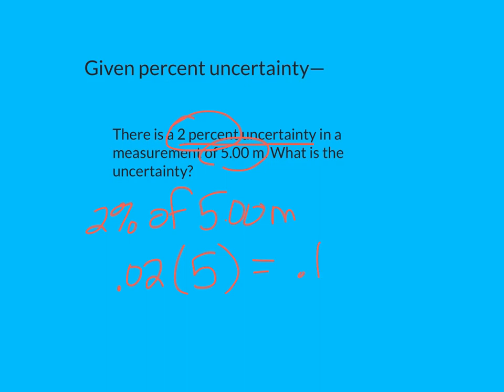So that means our measurement is off by 0.1 meters. It can be plus or minus 0.1 meters. This is our uncertainty.